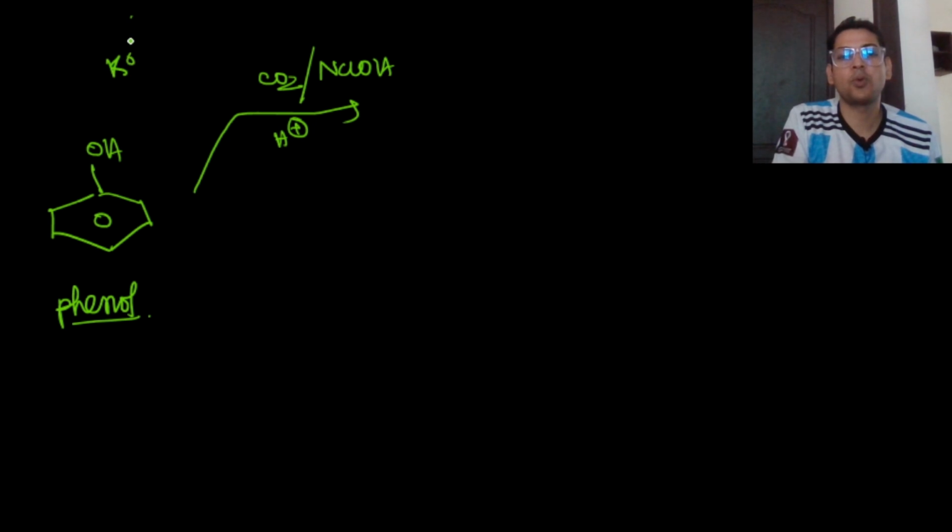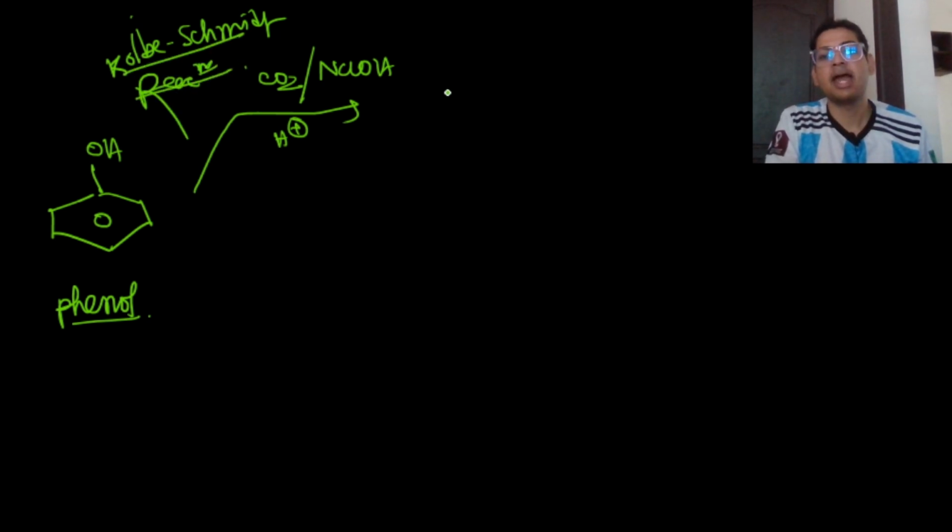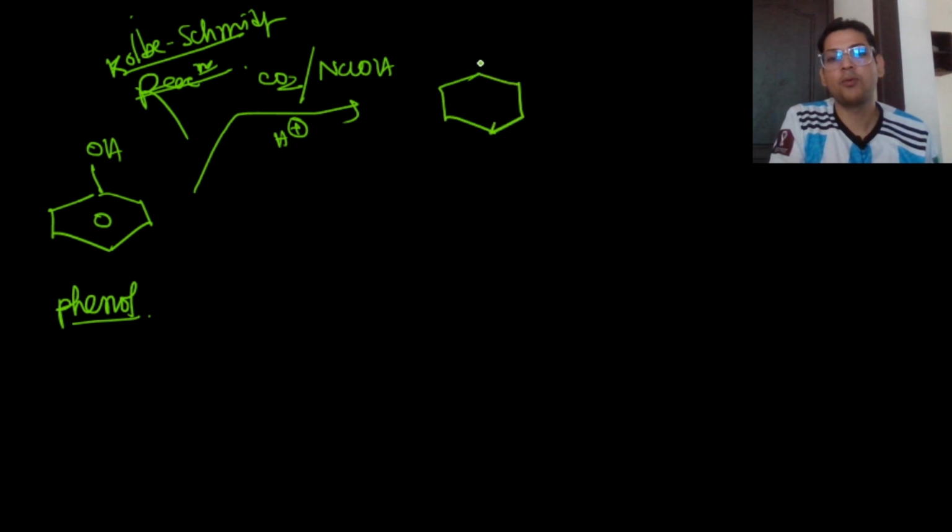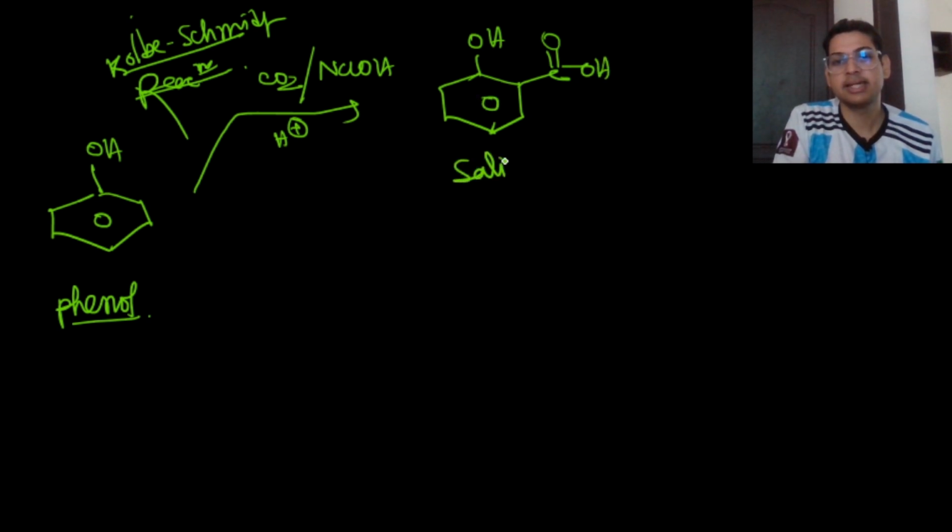This is called the Kolbe-Schmitt reaction. I am not doing the mechanism here, otherwise it will be a very long video. You will get OH, and at the ortho position you will get COOH. The name of this molecule is salicylic acid.